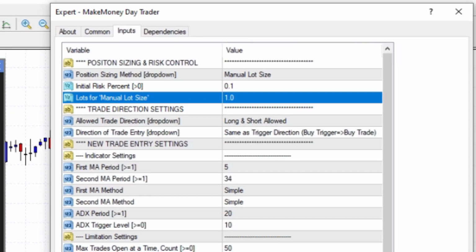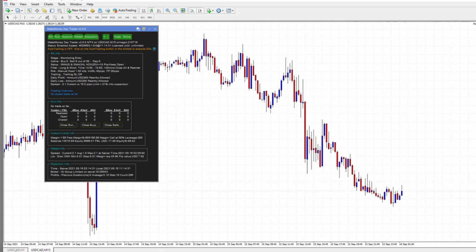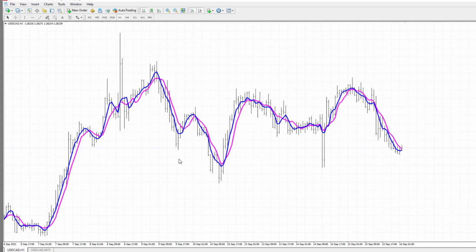So let's go to another chart. Here's an example of a chart that has quick moving averages. In other words, the blue is 4 and the purple is 7. What I like about these moving averages is that when it catches a trend, it keeps the trend very well.